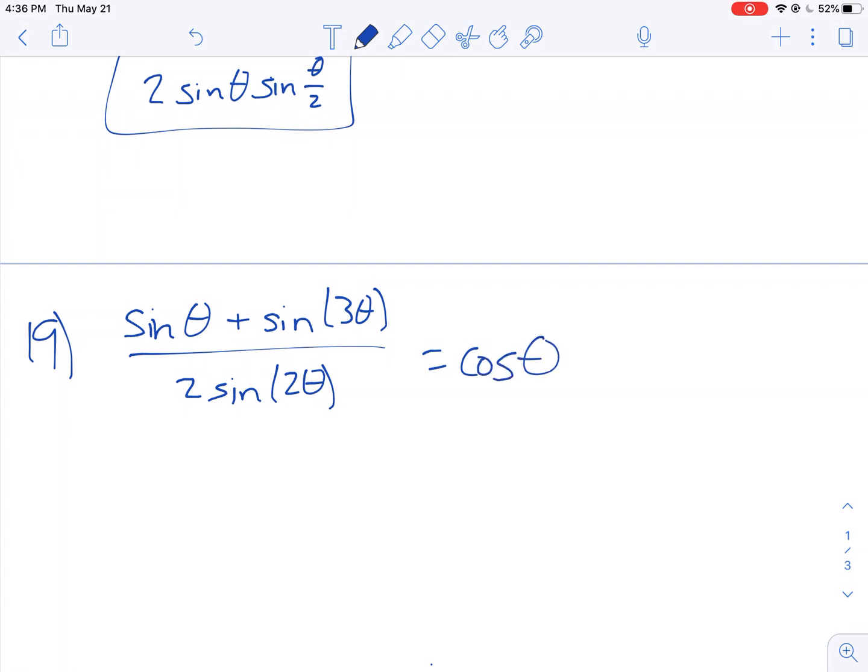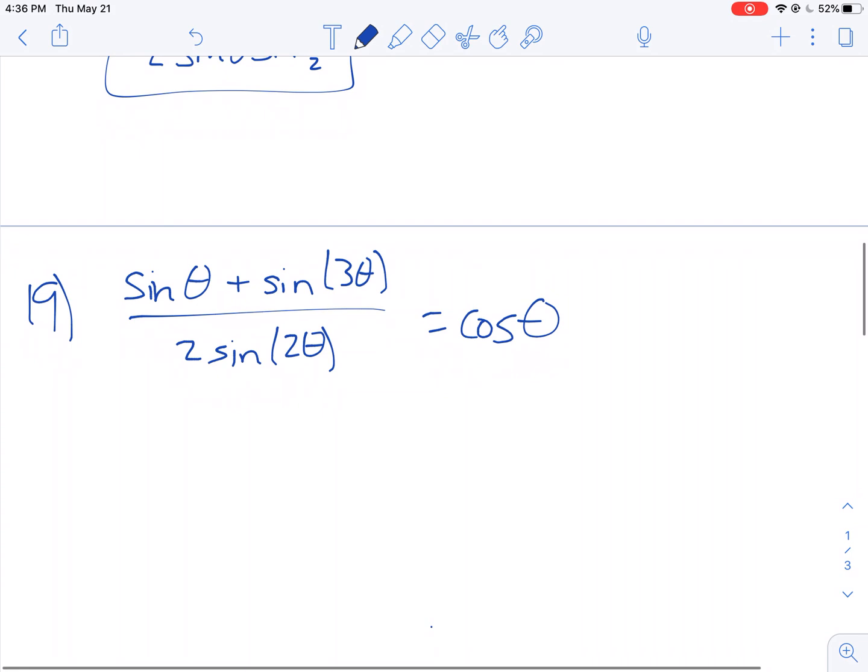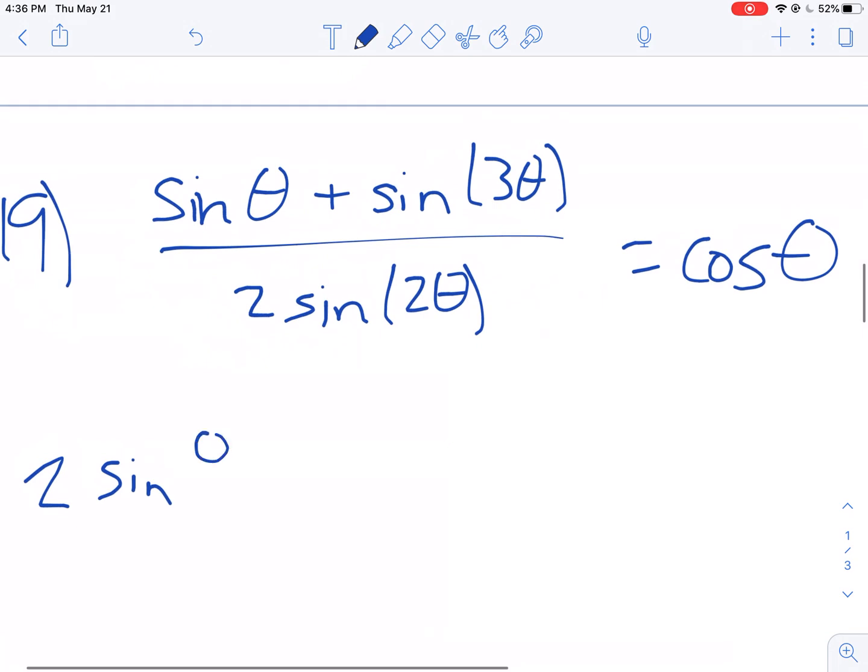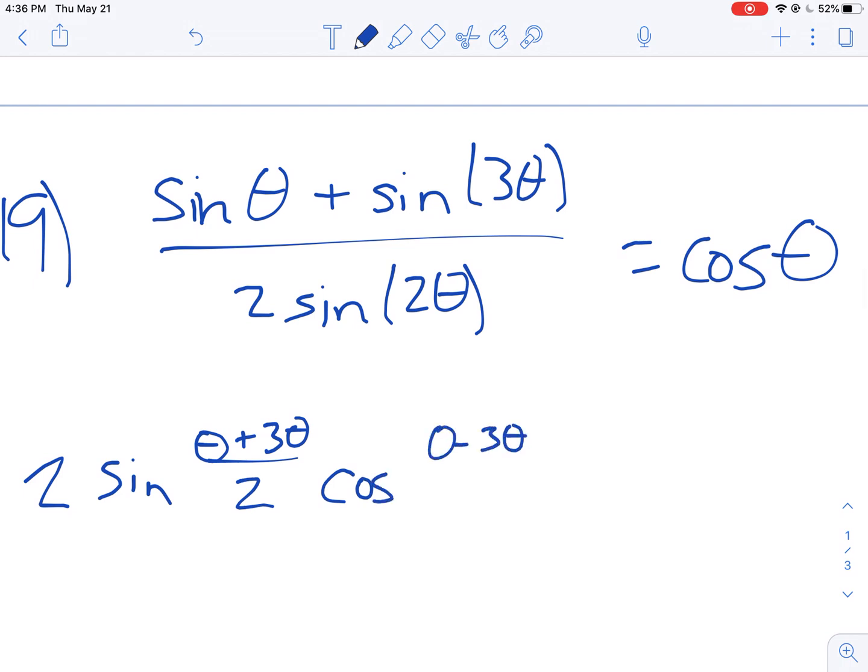I see that my numerator is a sum of multiple thetas here, so I'm going to go ahead and treat that as adding 2 sines together. So I'm going to turn this into 2 times the sine of theta plus 3 theta over 2 times the cosine of theta minus 3 theta over 2.